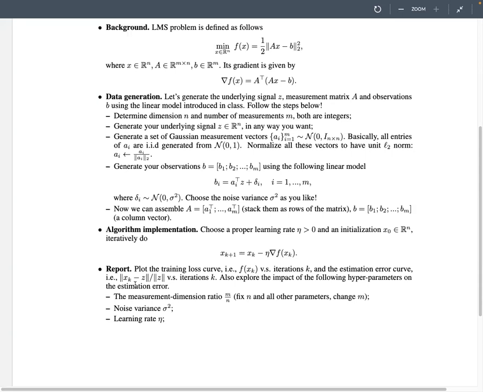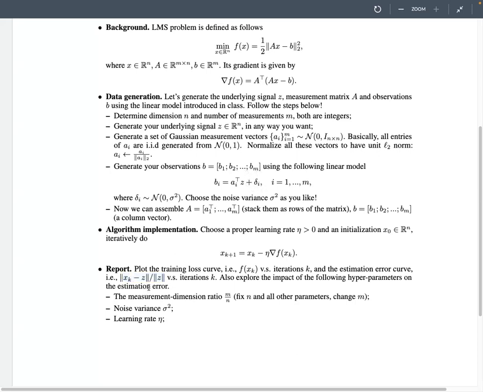And then also, you need to explore the impact of the following parameters on the estimation error. This error critically depends on many things, like how much noise you add to the observations, right?